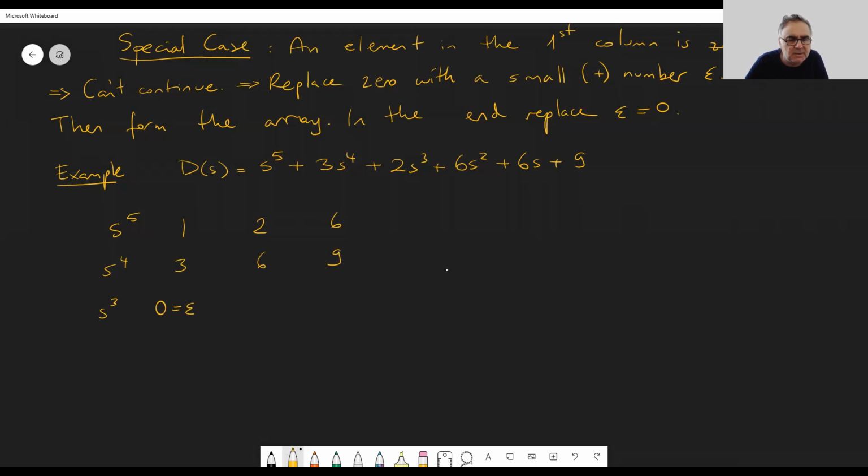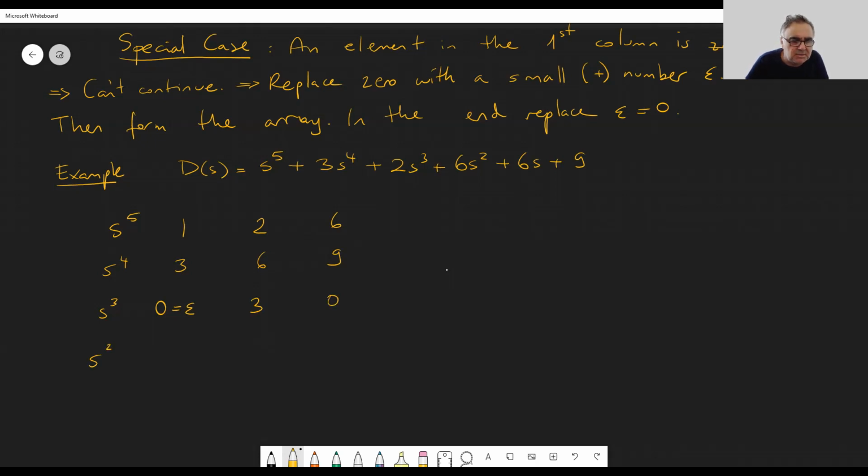It is 9 minus 18 divided by 3. Oh, sorry, 18 minus 9 is 9, divided by 3 is 3. This one is 0. Okay, we proceed with epsilon now.